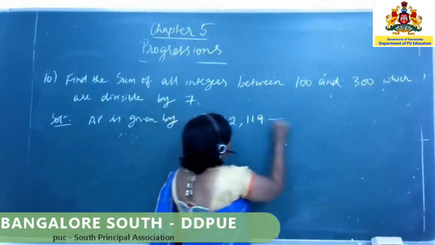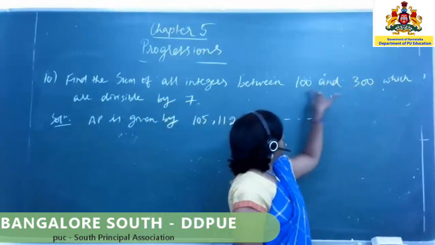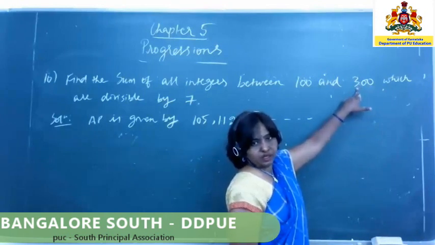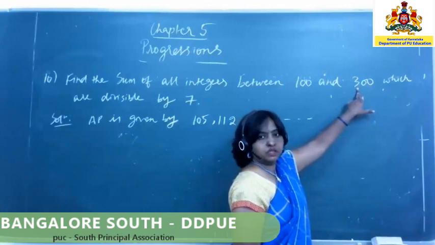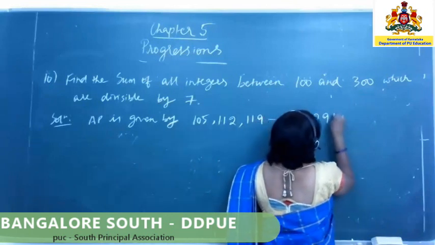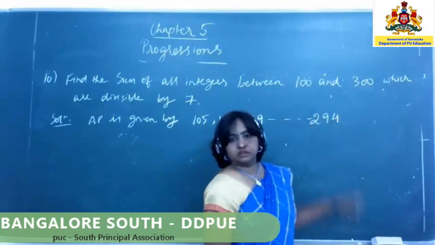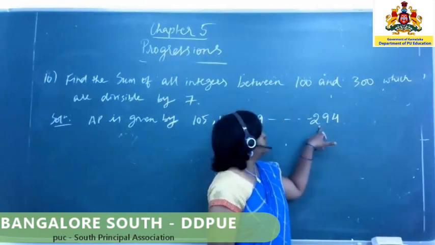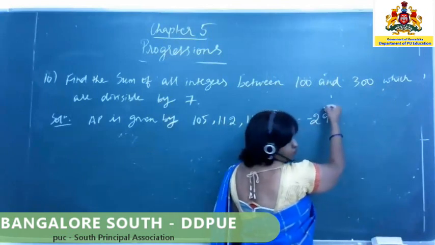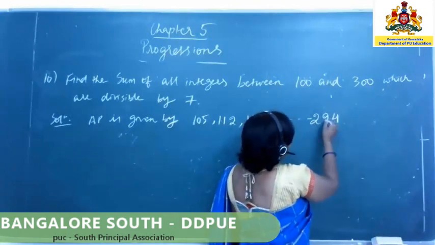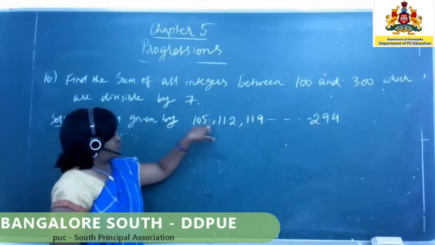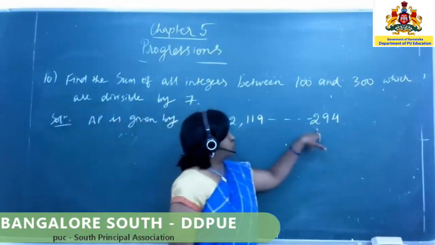So last number, it's between 100 and 300. That means it should be less than 300. So which is the number that is divisible by 7? So when you consider 294, it will be divisible by 7. So the AP is given by 105, 112, 119, so on up to 294.